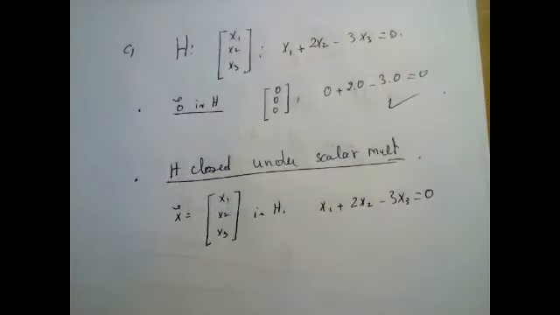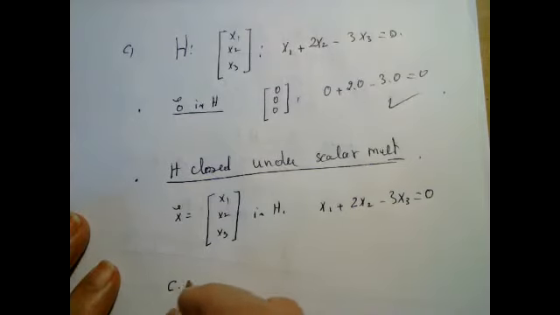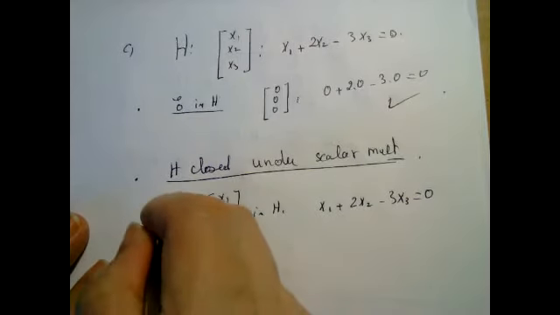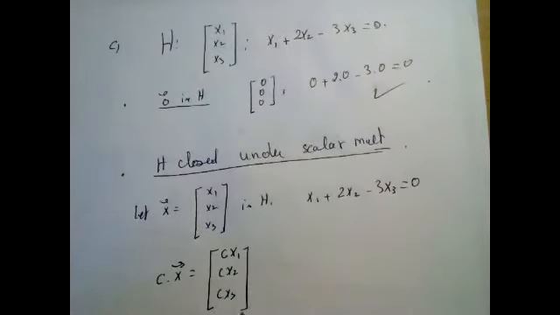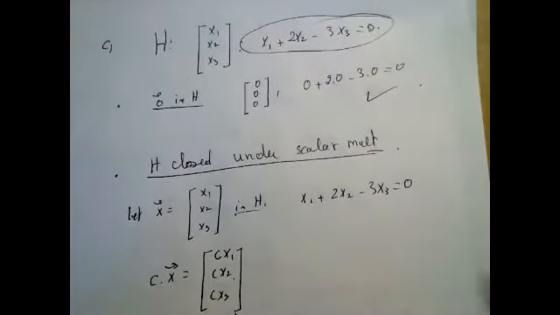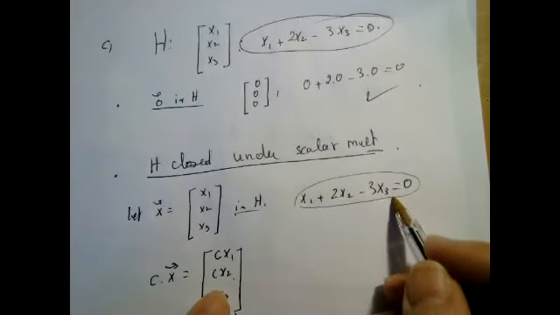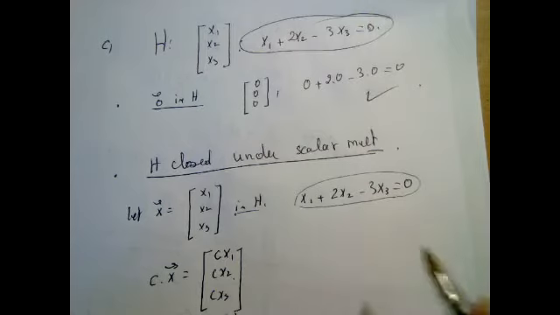So there are very specific ones. Not everything is in H. Now, if I scale this vector, I get a whole new one because it has different components. And the question is, is this new vector in H? It means, does this new vector satisfy this condition? So if x1, x2, x3 satisfy this equal to 0, will this new one satisfy it?